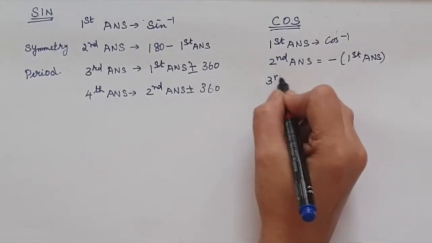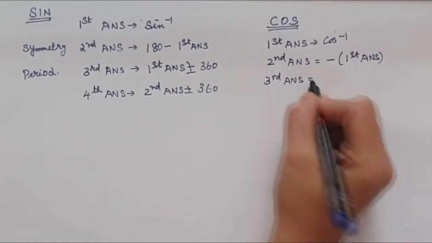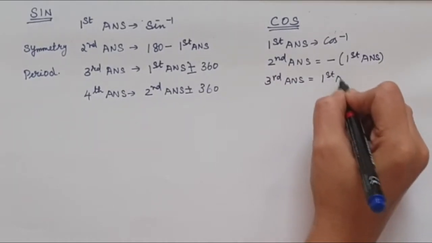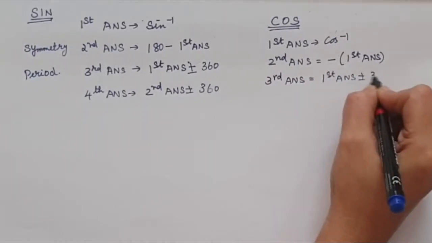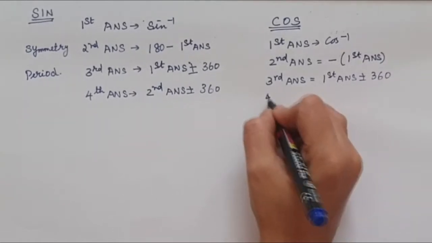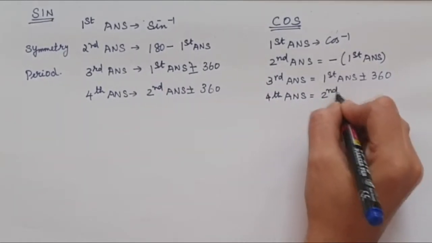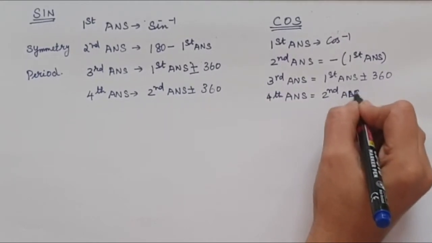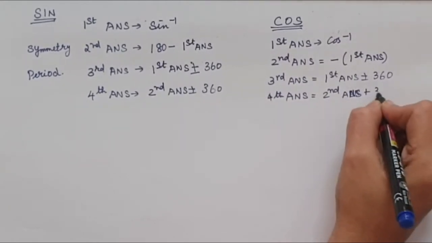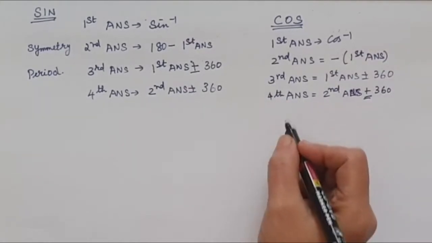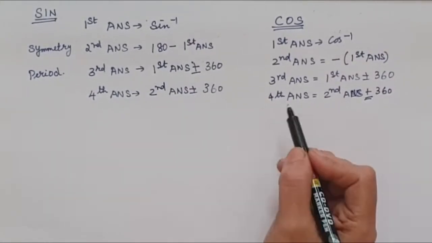And our third answer will be the first answer plus or minus 360. And our fourth answer will be the second answer plus or minus 360. This is the procedure we are going to use for sine and cos.